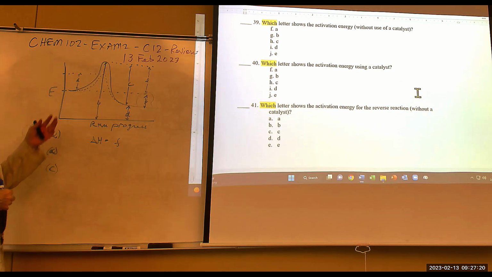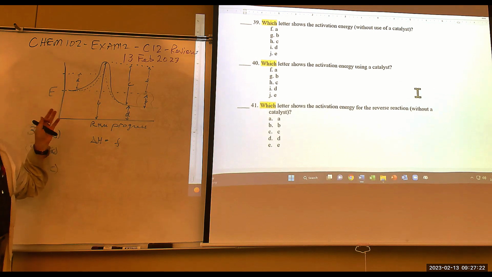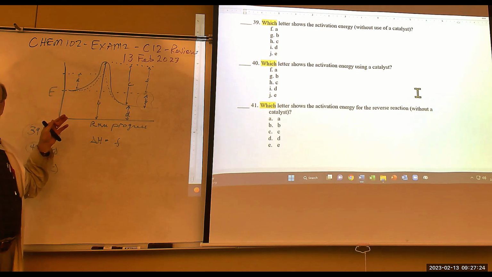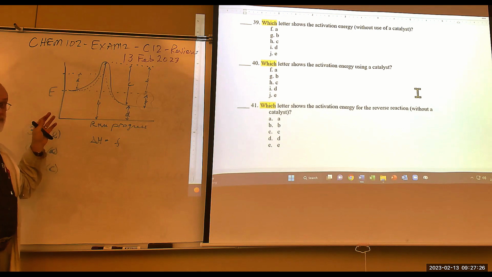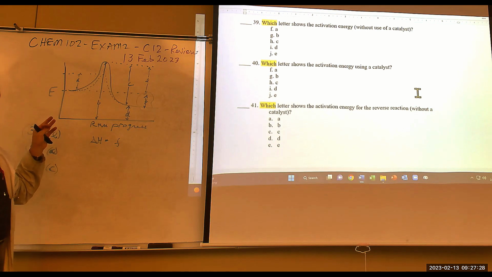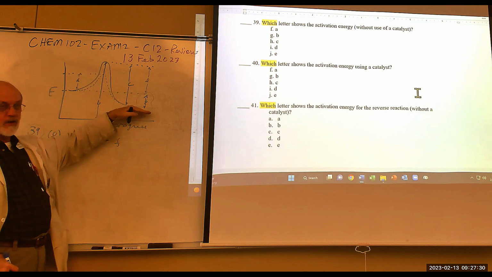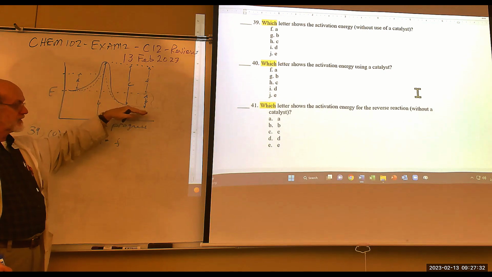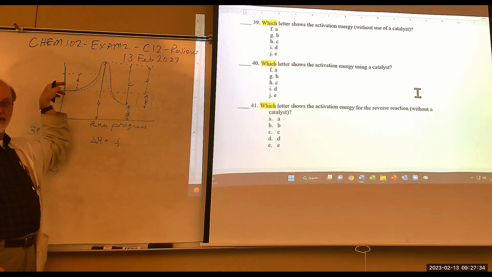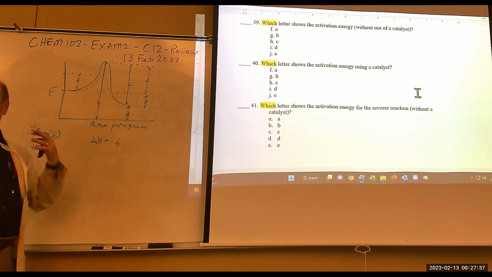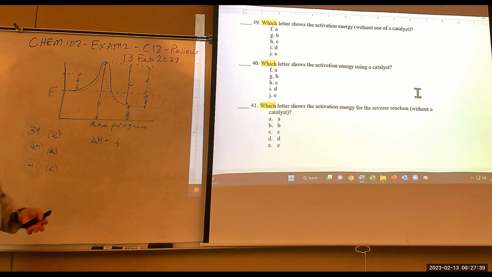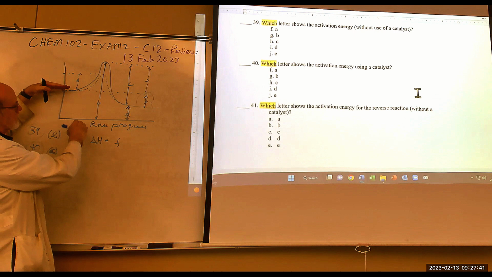Is this an endothermic or exothermic reaction? Final minus initial. Final has a lower value than the initial, so this one minus that one. This one's bigger, so it'll be a negative. That makes it exothermic. And you can reason it this way. Starts off here.